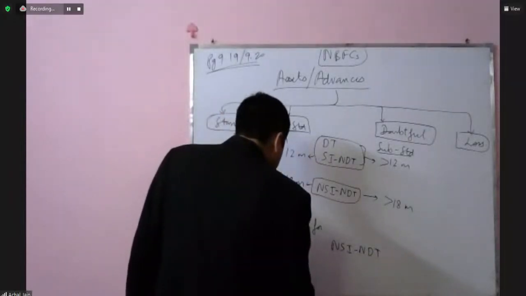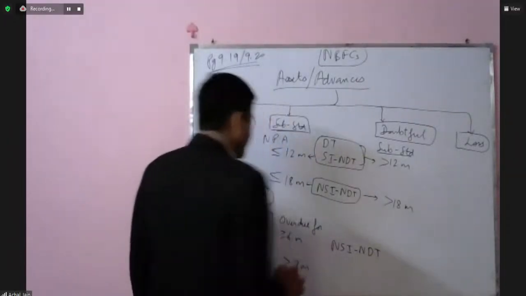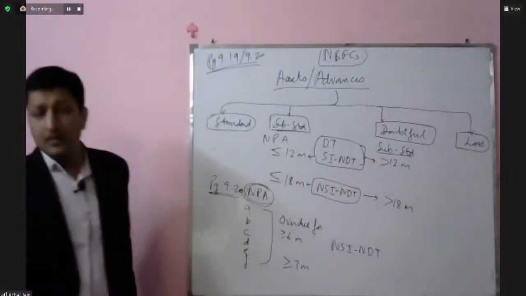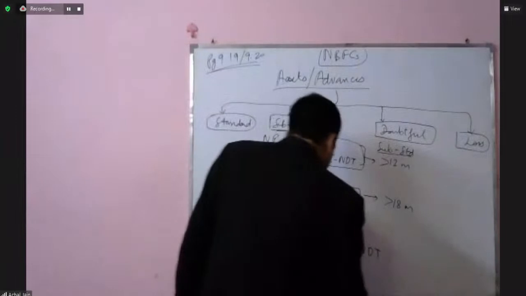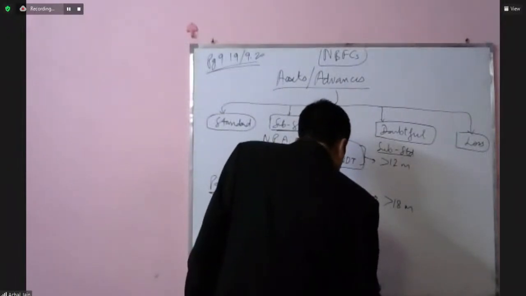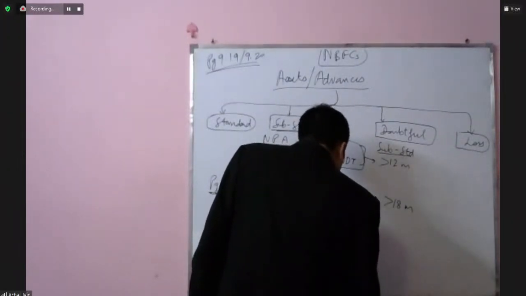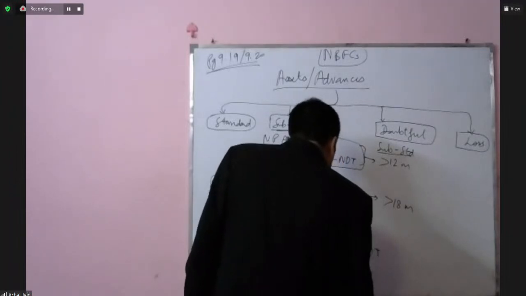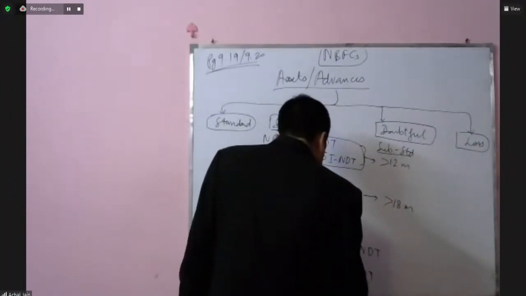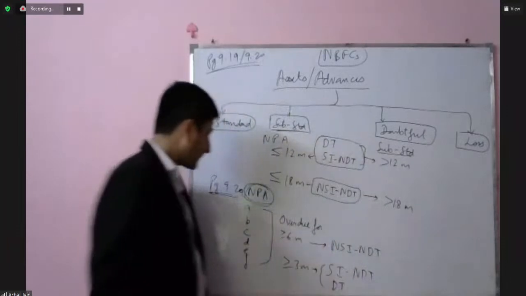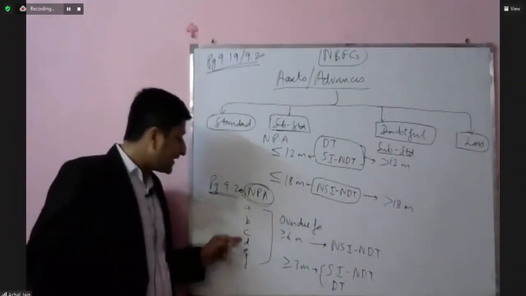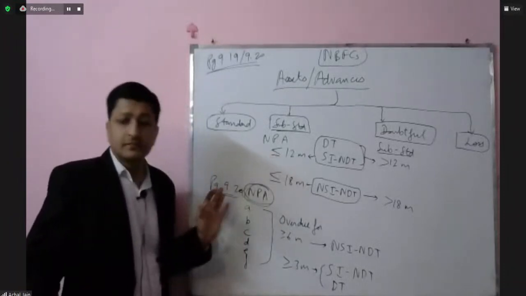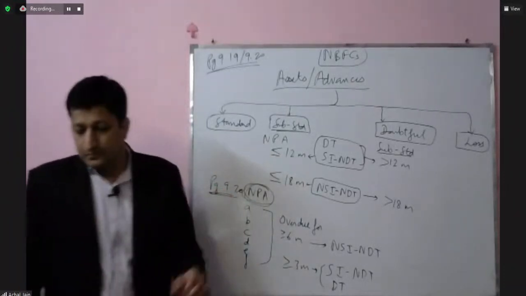Means it is overdue for a period of 3 months or more when it is systemically important non-deposit taking or deposit taking. And this is in relation to point number A, B, C, D, E, F. Clear?